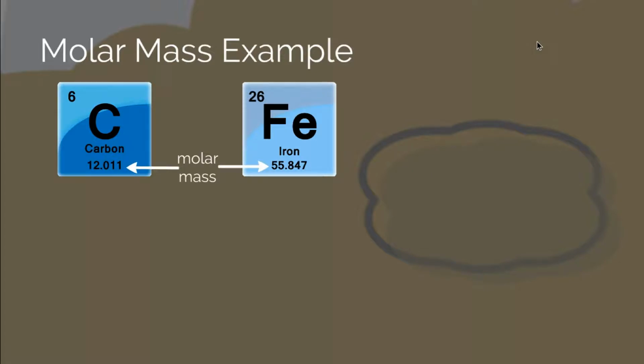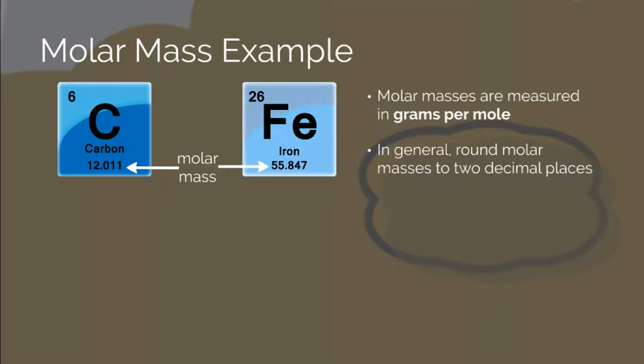And just some details to go into for this one is that, again, molar masses are measured in the unit of grams per mole. And that's what this is telling us, that in 1 mole of that substance, I am weighing this many grams. Now, there's a lot of inconsistencies between periodic tables. Some will tell you the molar masses down to 6 decimal points, but for our purposes, we can simplify that down a little bit and just focus on the first 2 decimal places and round off to that.